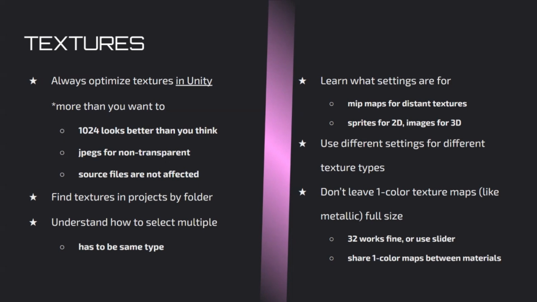Don't leave one color texture maps like metallic full size. Sometimes you'll have a 2048 metallic map that is pure black. That's what I mean by one color. No need for that.